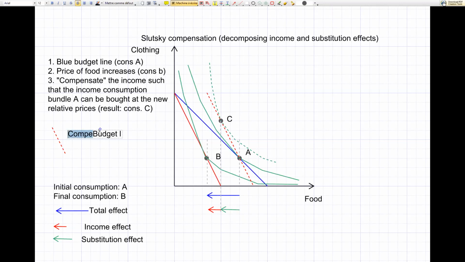Okay, so new relative prices, compensated with income such that the initial consumption bundle would be attainable.